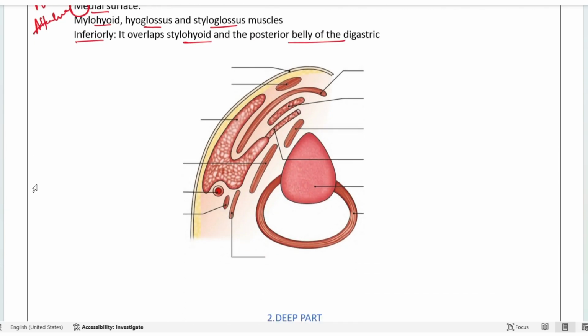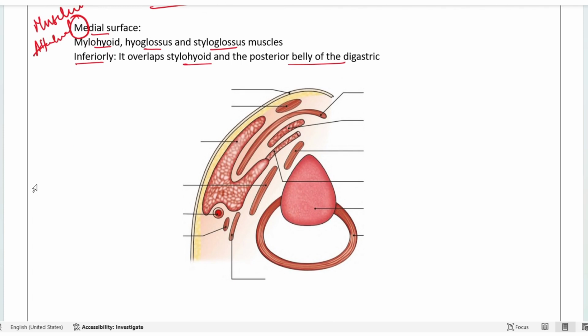Again, you can draw a diagram representing the same. This is skin. This is anterior belly of digastric.